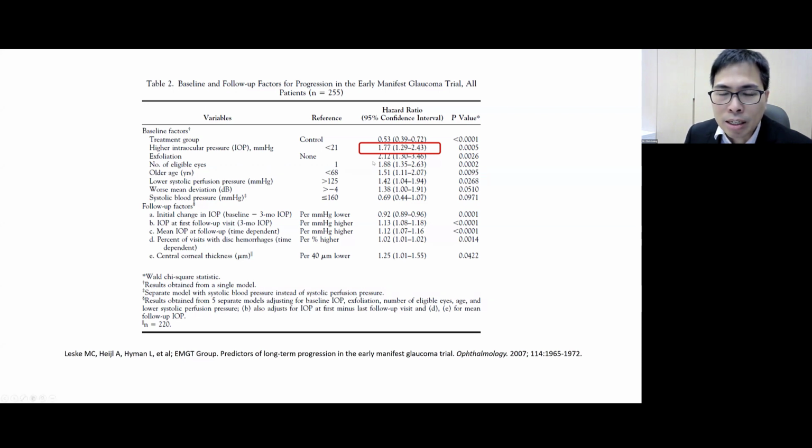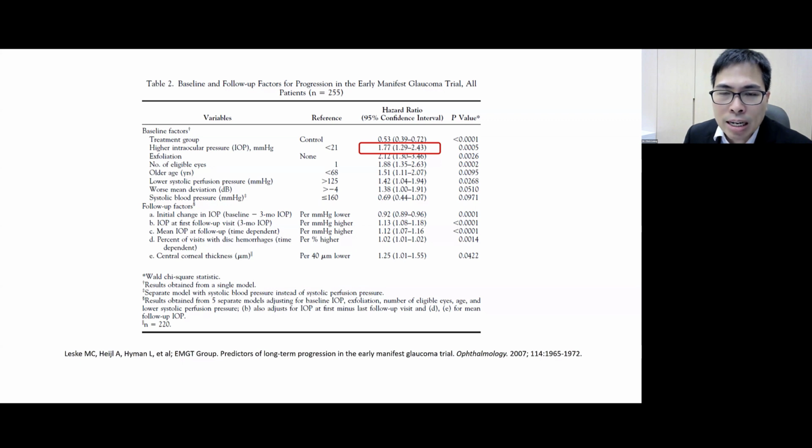The rationale here is that this study shows that when eyes have an intraocular pressure more than 21, these eyes have a risk of development of visual field progression that is 1.77-fold higher compared with eyes with intraocular pressure below 21.